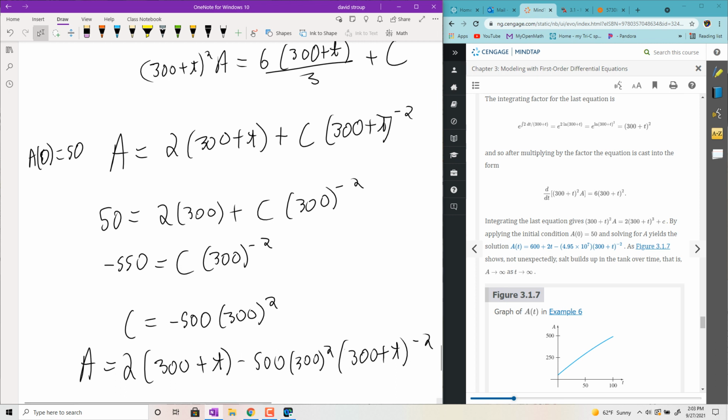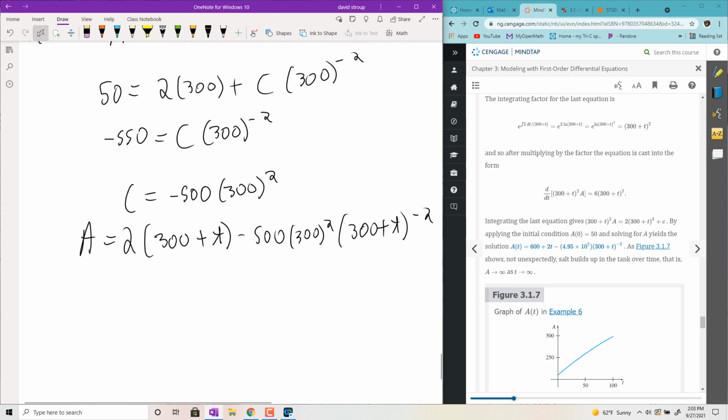Let's just make sure that's the same thing, right? So if you distributed the 2, you get 600. This thing, if you multiplied that out, would it be the same? Seems like it wouldn't. It's not going to have a 4.95 on it.